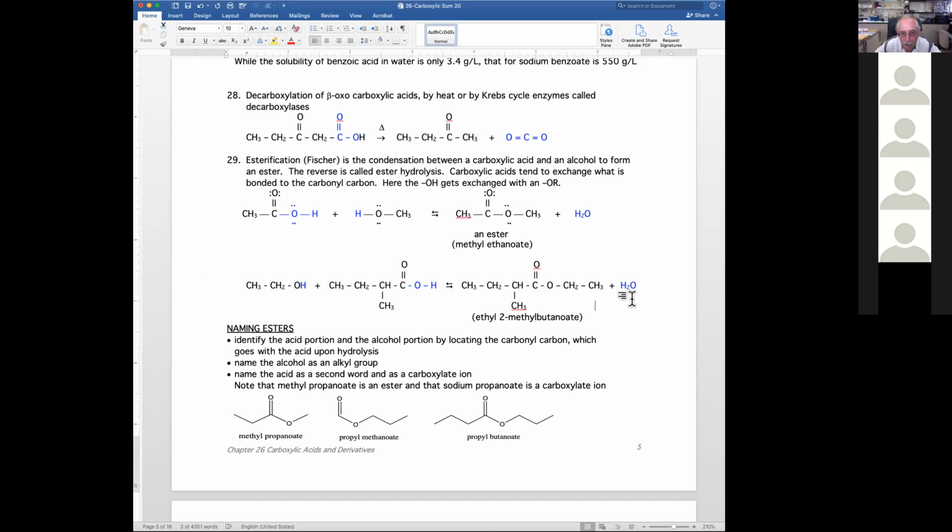Yes, it can in this case. So that carbonyl carbon needs another bond. That oxygen needs another bond. So I just give it to them. And what you'll see is that the first name comes from the alcohol that you used, and the second name comes from the acid that you used.